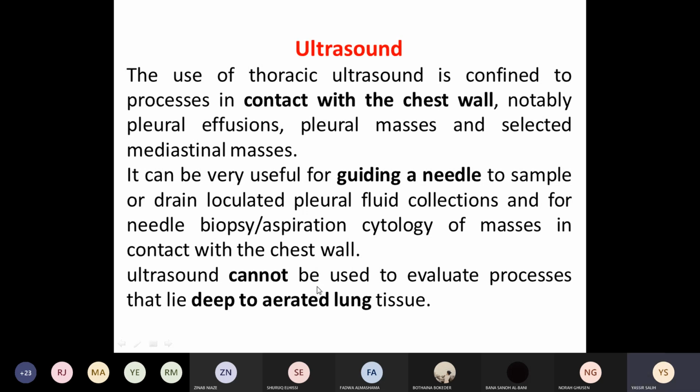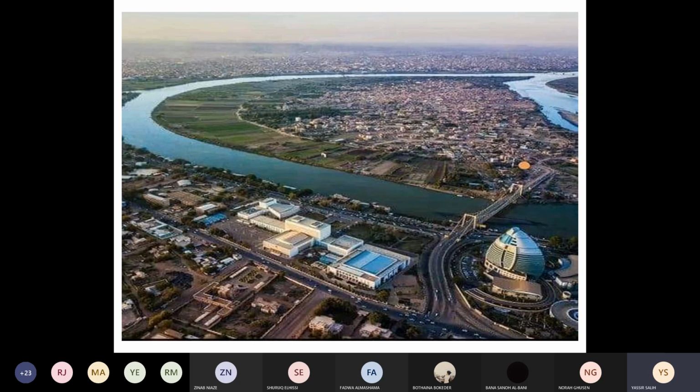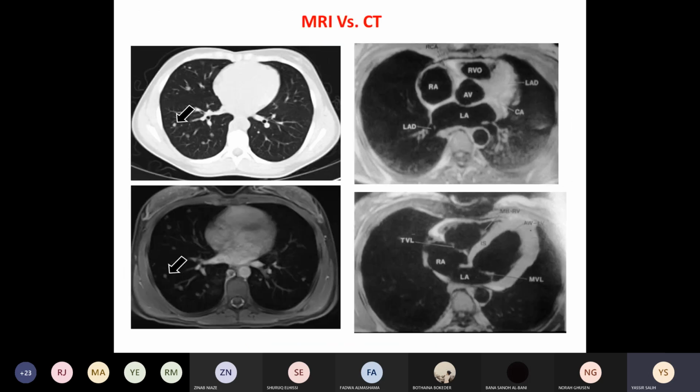So ultrasound cannot be used to evaluate deep lung lesions because the lung contains air. This is all about this part of respiratory imaging.